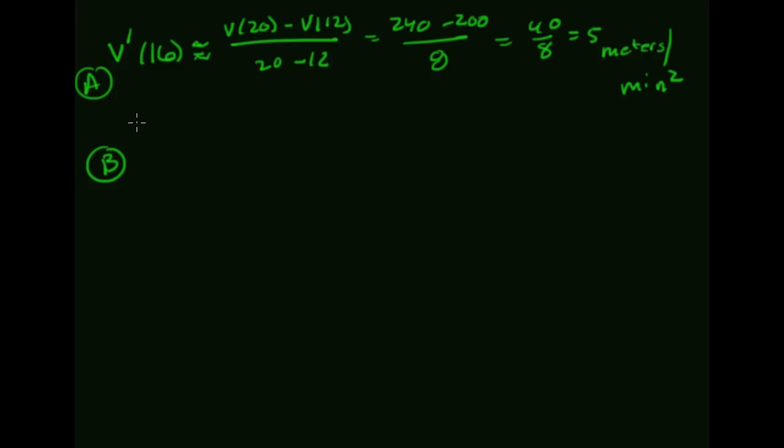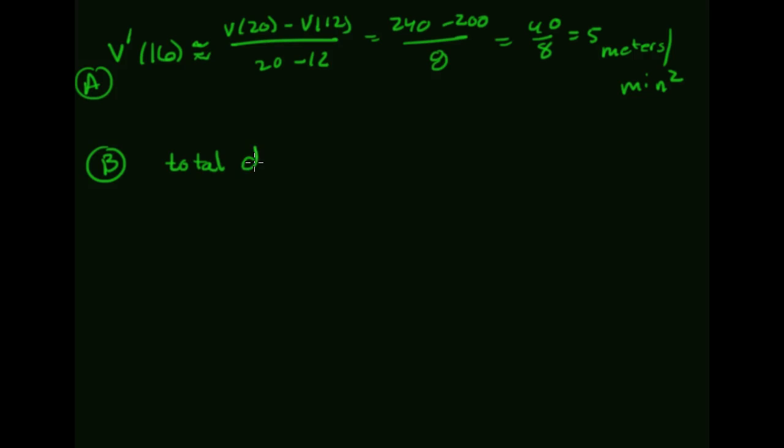Part B: explain the meaning of the definite integral from 0 to 40 of the absolute value of V of t dt in the context of the problem. Approximate the value of the integral from 0 to 40 of the absolute value of V of t dt using a right Riemann sum with 4 intervals. All right, so the first thing is that this is total distance, right?